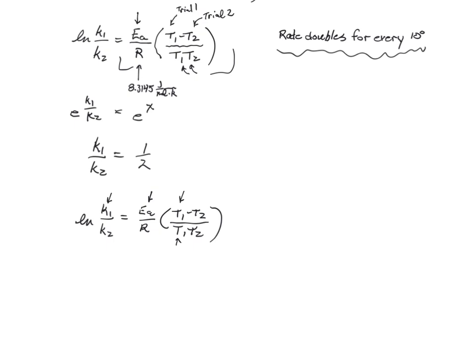And what we're trying to figure out is what the rate constant is going to be at 40 degrees Celsius. That means we're going to plug in 40 plus 273, which is 303 Kelvin, for both of these. And ultimately, you're going to calculate K2. K2 is what the rate constant would be at 40 degrees.